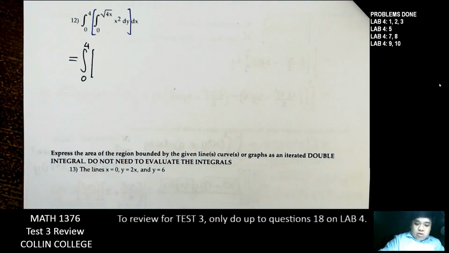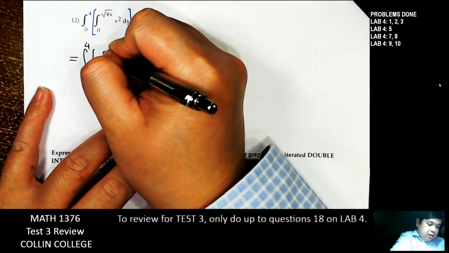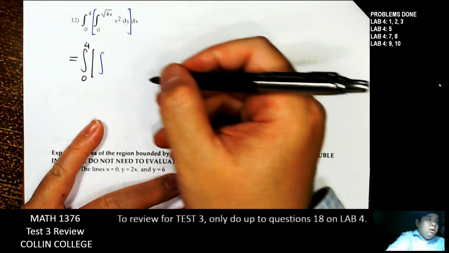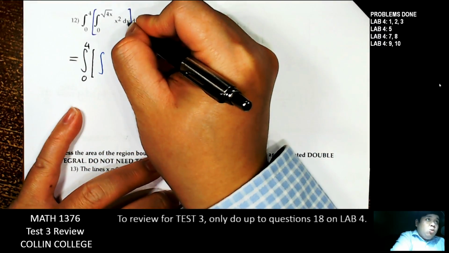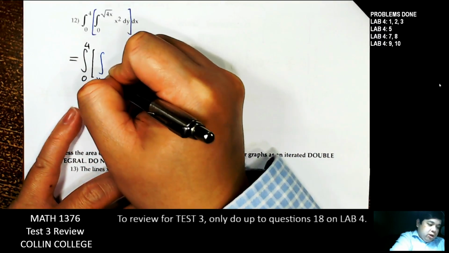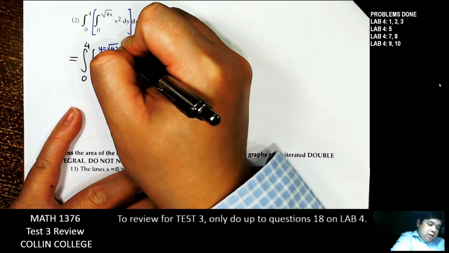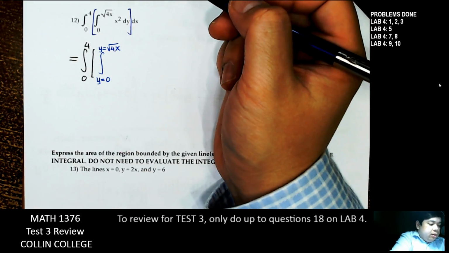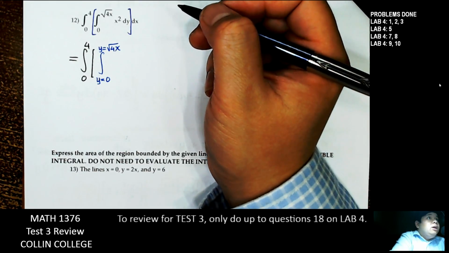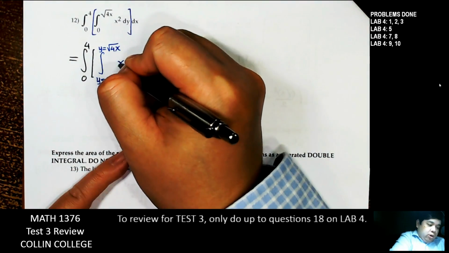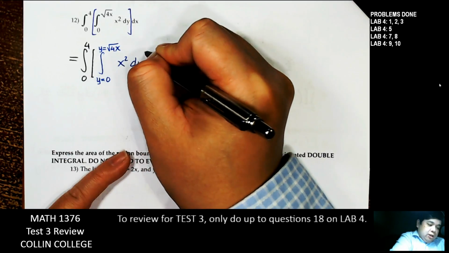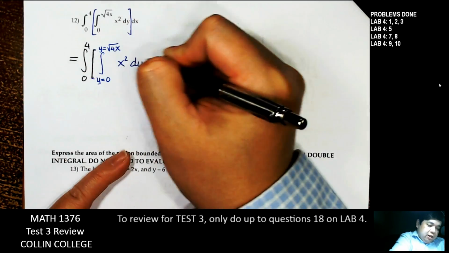Just use different colors so it's easier to see. This is y, so y equal to 0 to y equal to square root of 4x, and the variable x squared dy. It's not too bad.